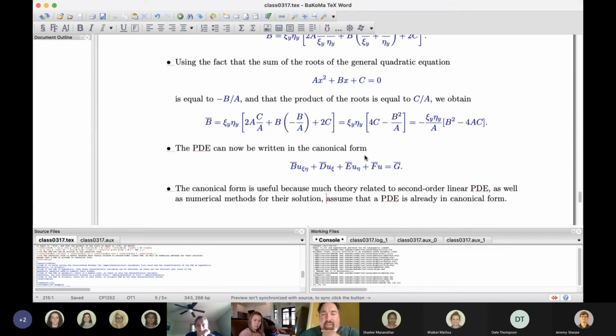Because a lot of the theory about second-order linear PDEs just makes the assumption that the PDE is already in canonical form. Now, what I've shown you here only works for hyperbolic PDEs, because in that case you get two distinct roots of your quadratic equation, whereas with parabolic you only have one distinct root, and then with elliptic you don't have any real roots.